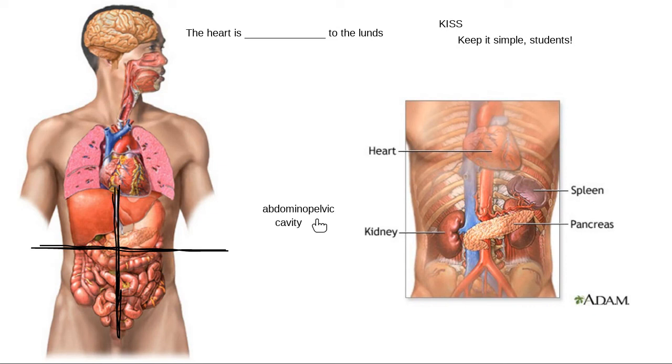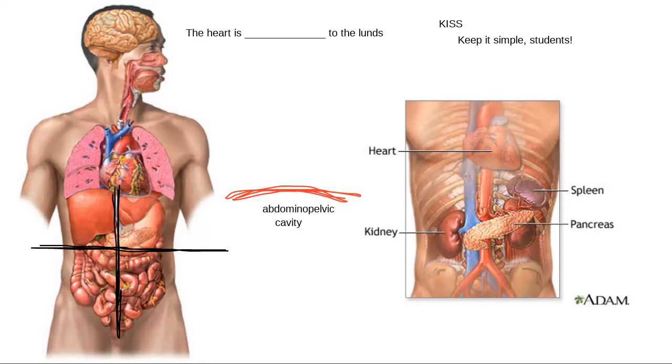The abdominopelvic cavity, at the very top, the dividing line for it starts with that organ that we labeled. It's actually a muscle. What was the name of that muscle that we found right under the lungs? What muscle is at the top of the abdominopelvic cavity?